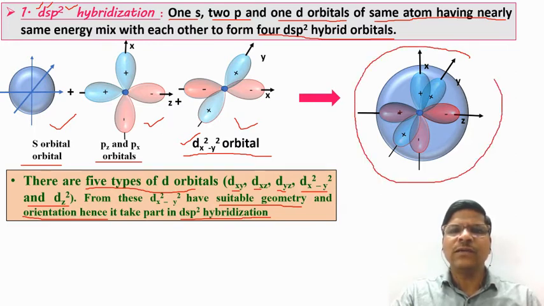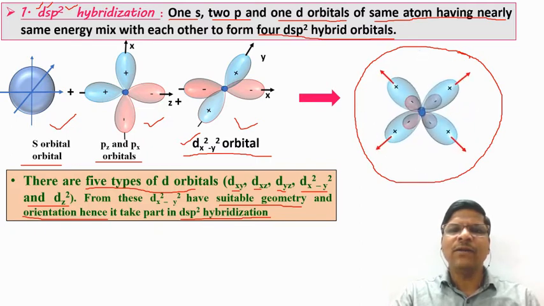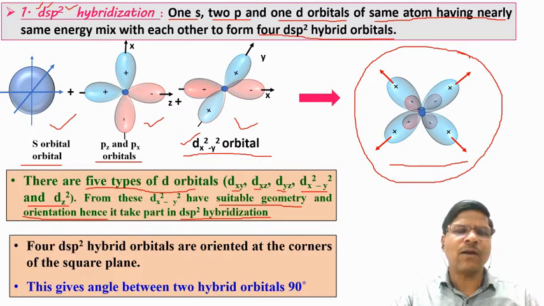They will mix with each other, and after mixing we get the formation of four hybrid atomic orbitals from the four pure atomic orbitals. So these are the four dsp2 hybrid atomic orbitals.